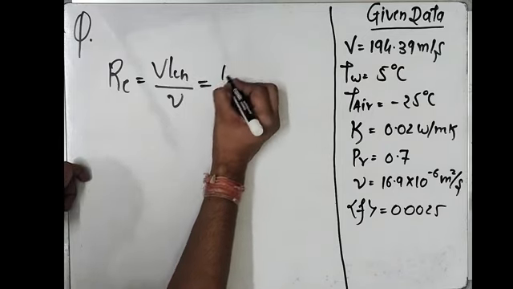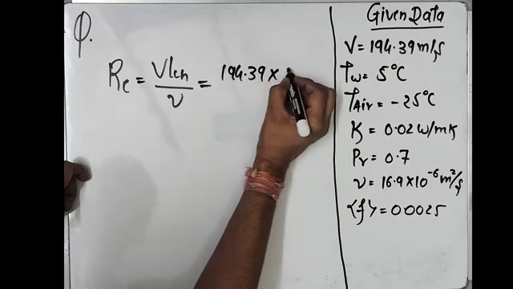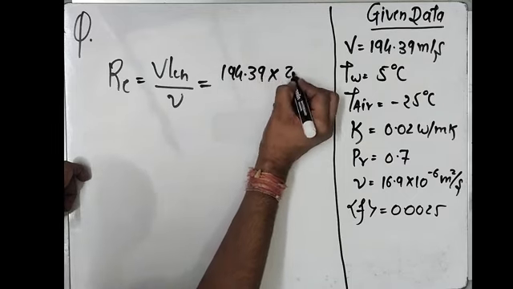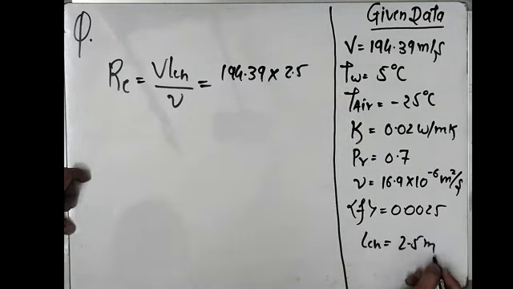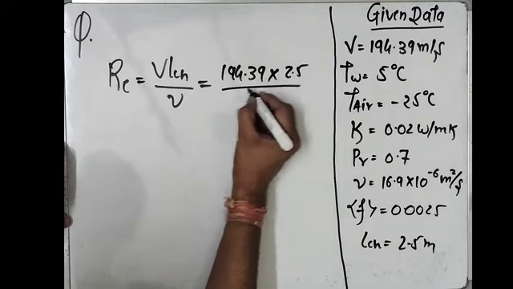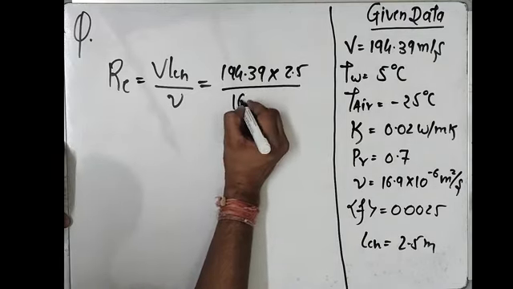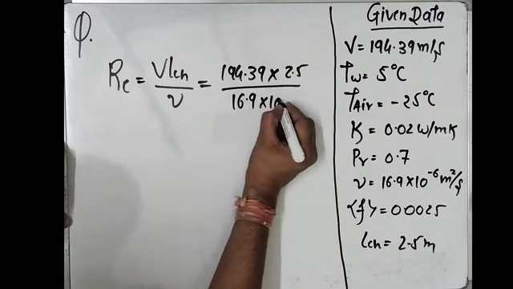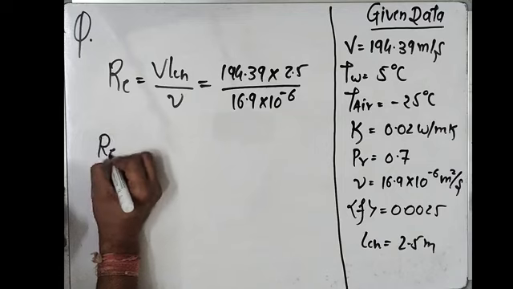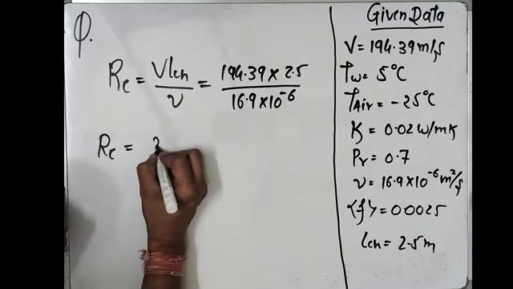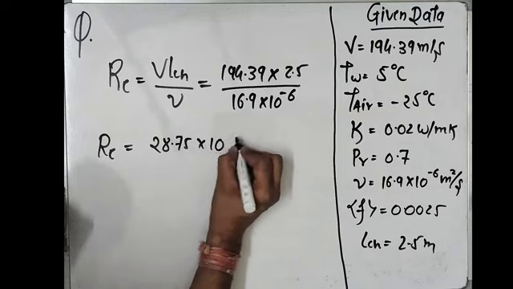The velocity is given as 194.39 meters per second, the characteristic length is given as 2.5 meters, and the kinematic viscosity is given as 16.9 into 10 to the power minus 6. After calculating, the Reynolds number comes to 28.75 into 10 to the power 6.